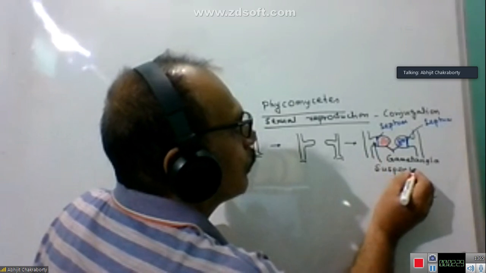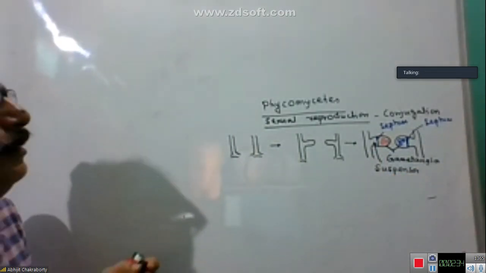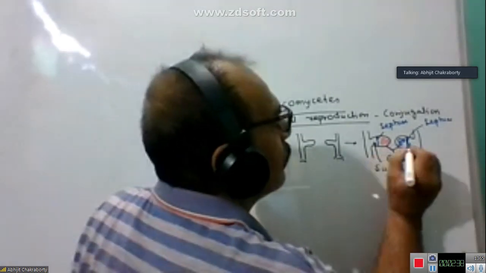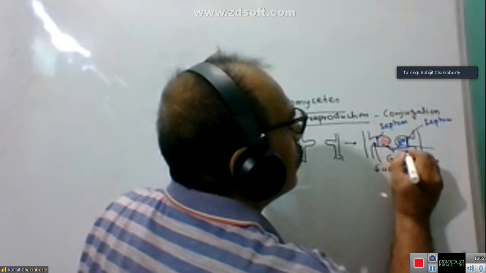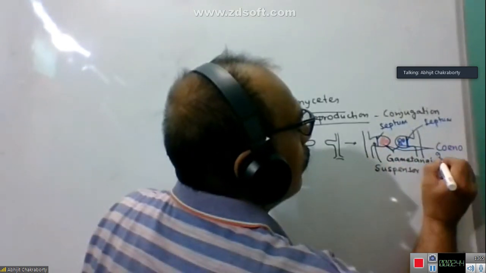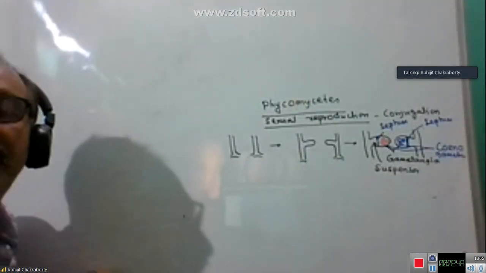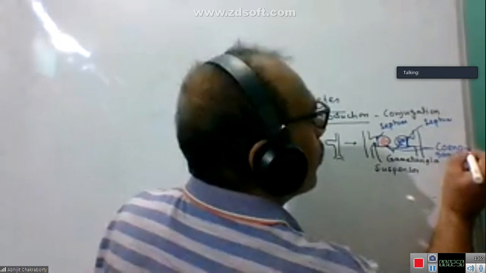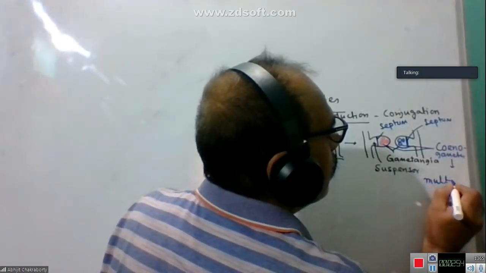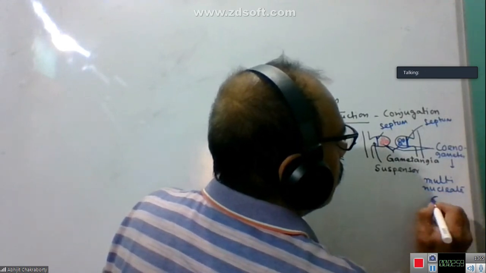The common question coming is about the suspensor. And the gametes produced here are called coenogametes. Coenogametes means multinucleate gametes.